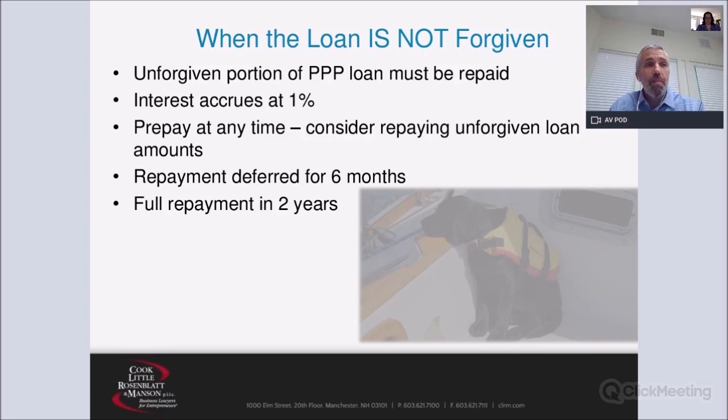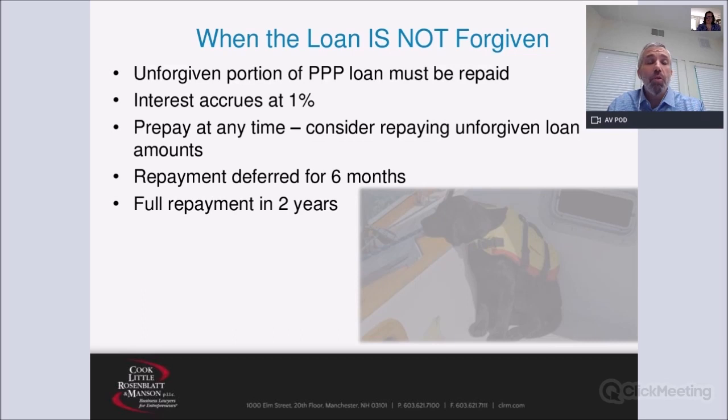And I think you have to assume that it's very unlikely that 100% of your PPP loan would actually be forgiven. And if you then try to make payments out of the loan proceeds, let's say, for example, large bonuses to people that then turn out are not a forgivable expense, you have then paid that money out to your employees thinking that it was, kind of using the loan proceeds as free money. And it turns out that it's not.